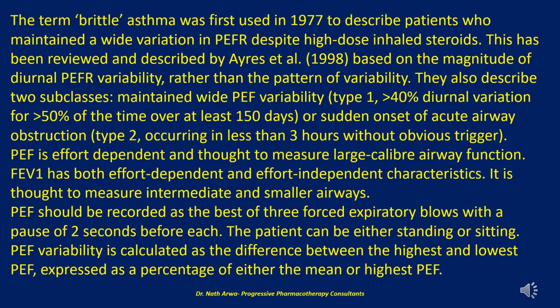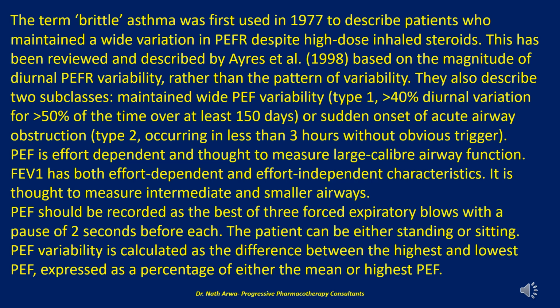The term brittle asthma was first used in 1977 to describe patients who maintained a wide variation in peak expiratory flow rate despite high-dose inhaled steroids. This has been reviewed and described by Ayres and colleagues in 1998, based on the magnitude of diurnal peak expiratory flow rate variability, rather than the pattern of variability.